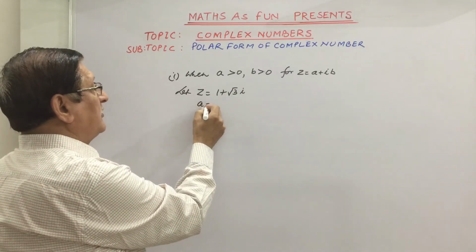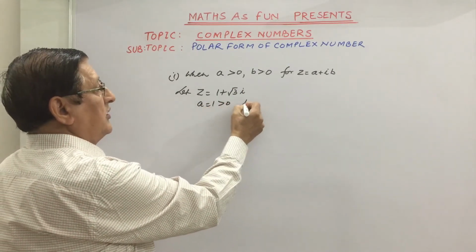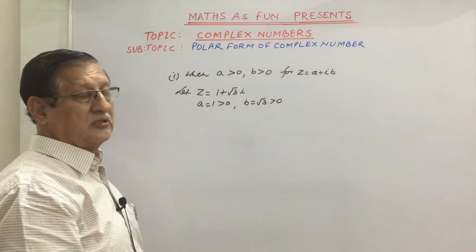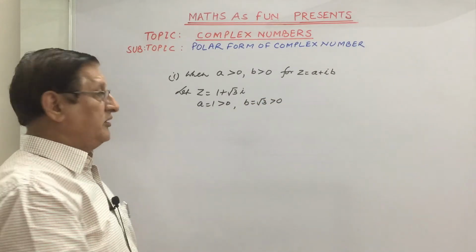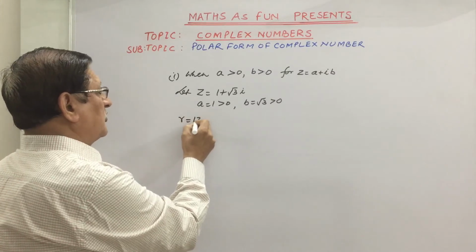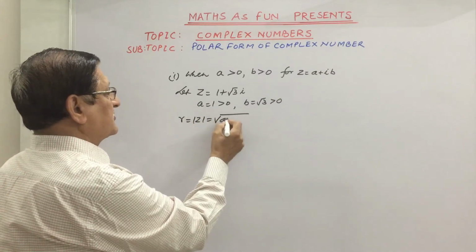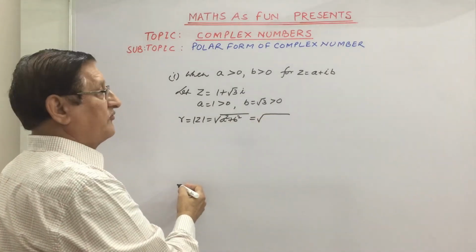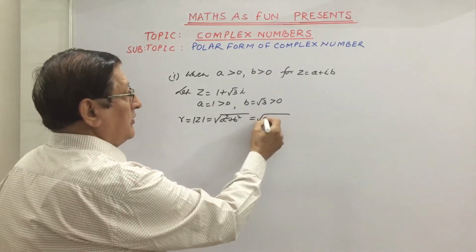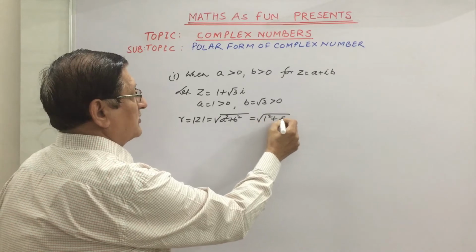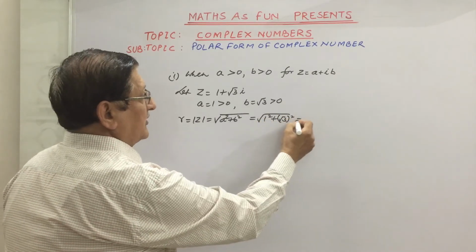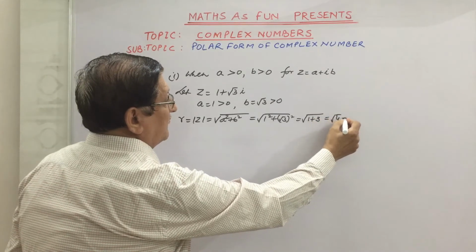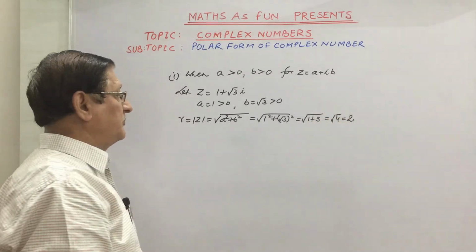Here a is 1 which is greater than 0 and b is root 3 which is also greater than 0. Then we know how to find out r, that is modulus z is root of a square plus b square, and that is root of 1 square plus root 3 square, that is root of 1 plus 3, or you can say root of 4, and that is 2 because we have to take only the positive value.